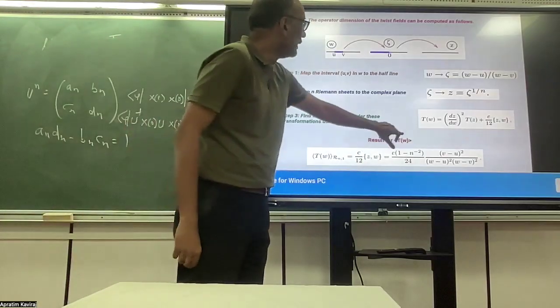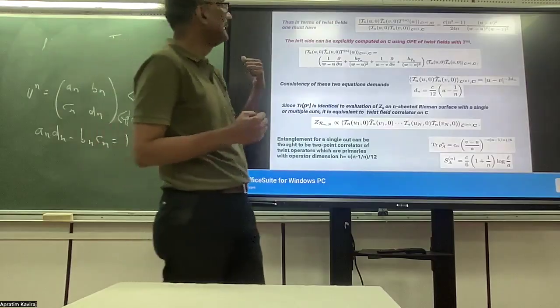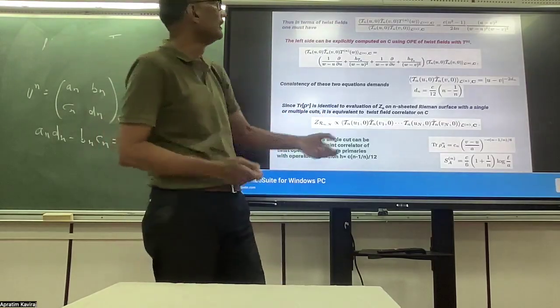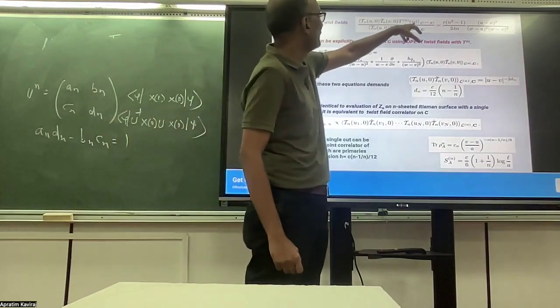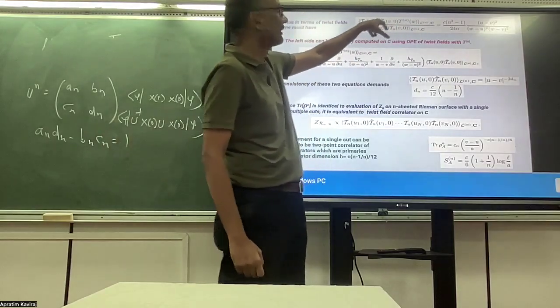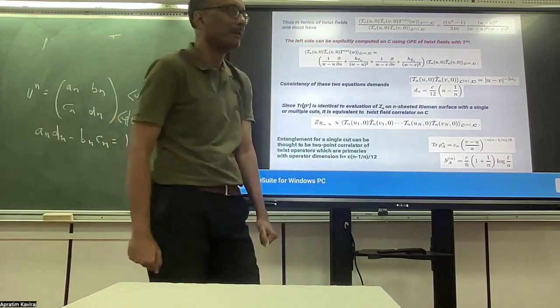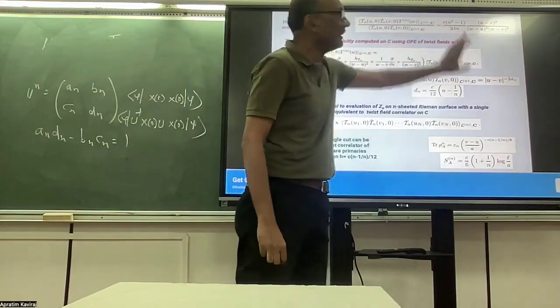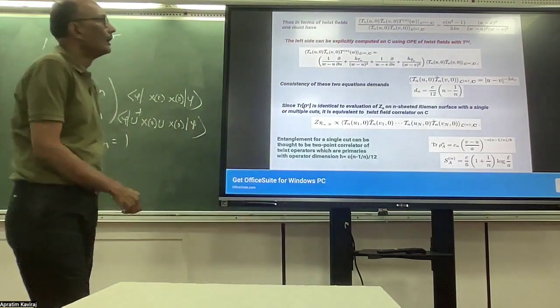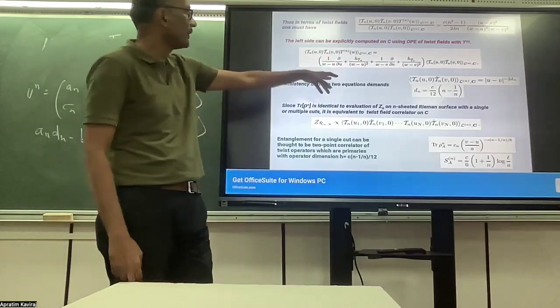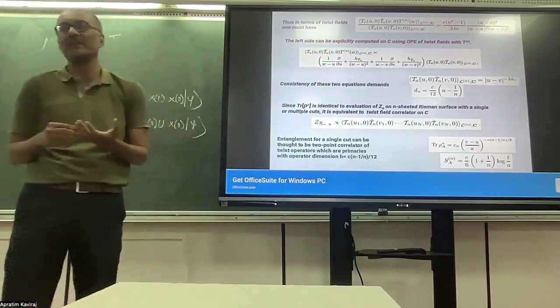Very nice. But now you see that the expectation of the stress tensor that you have computed must be equal to the expectation of the stress energy tensor in the presence of these twist operators. And therefore this equation needs to be satisfied. Now the left side of this is just the OPE of this twist operator with the stress energy tensor.